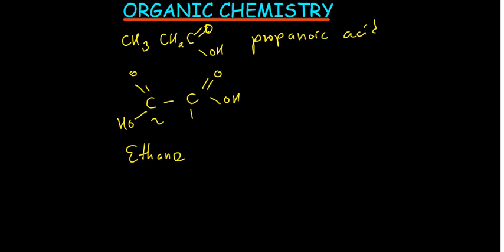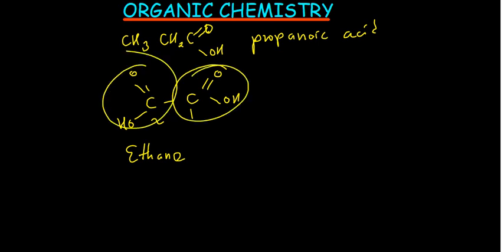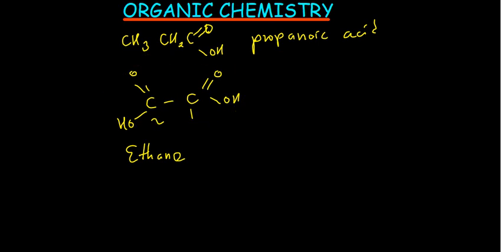I'll put the e there at the end when you've got more than one group, and then put oic. Before I put oic, because these are two, I'll put di. So that will be ethanedioic acid. For the acid, there should be a space because it's not one name together with the other one.